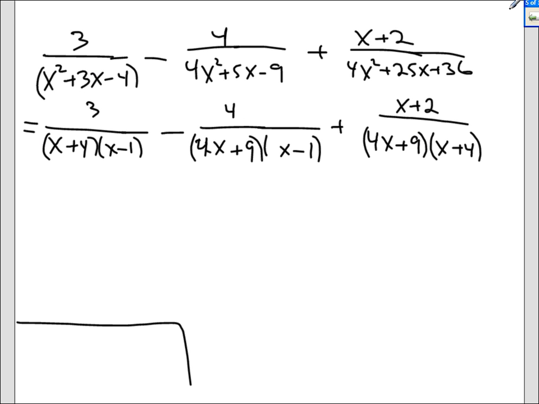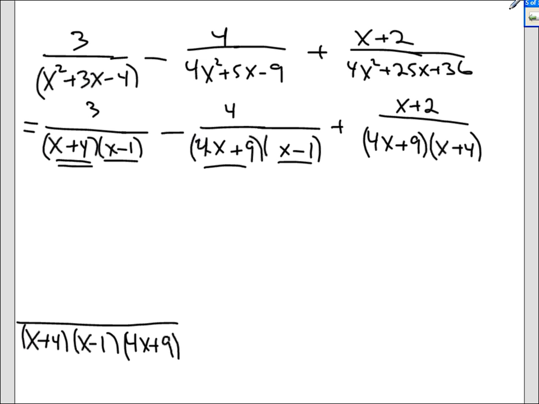By factors or denominators. I need x plus 4 in the corner. I don't have it. I put it down. I need x minus 1. I don't have it. I put it down. I need 4x plus 9. I don't have it. I put it down. I need x minus 1. I have it. I don't put it down.